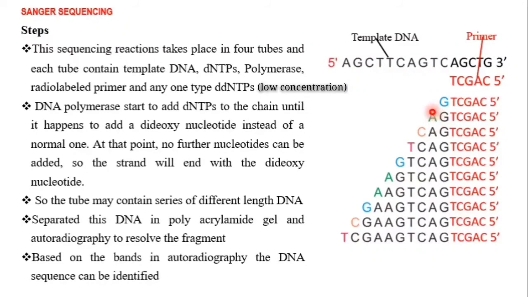But this A is a dideoxy, so it cannot add the next nucleotide, and this chain also terminates. Here, the second one, A, is normal, but C was abnormal, a dideoxynucleotide, so the growth of the chain also terminates.